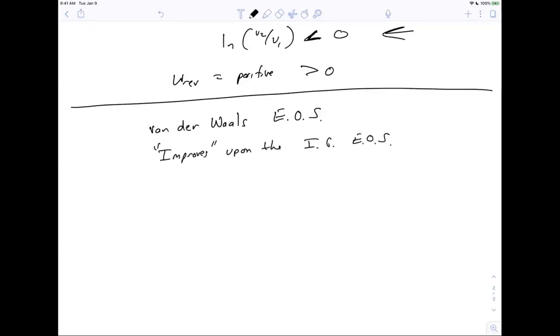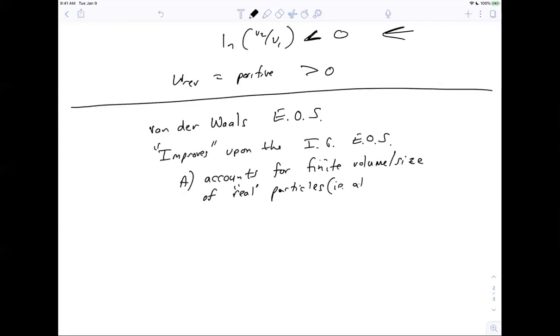The way it does so is, one, it accounts for finite volume or a finite size of real particles. A particle may be a molecule or an atom, so particles could be, i.e., atoms, molecules.